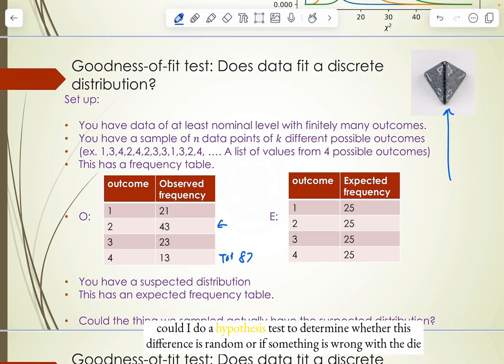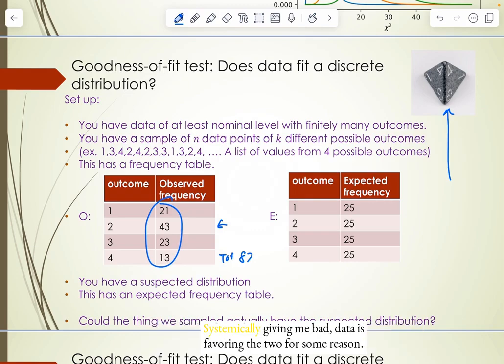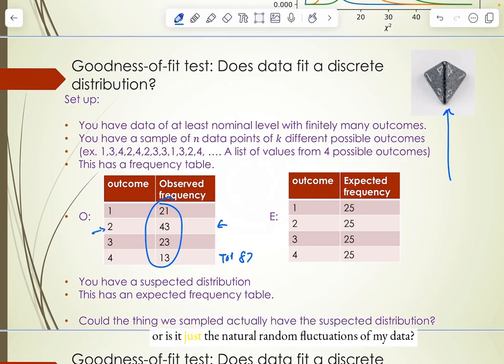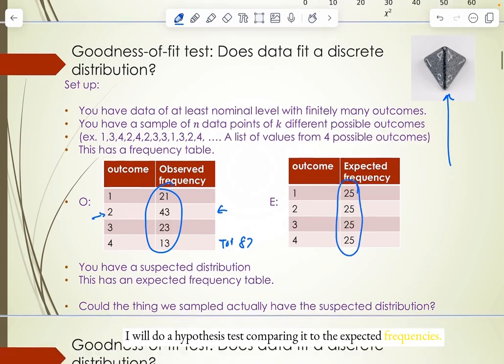Could I do a hypothesis test to determine whether something is wrong with the die, systematically giving me bad data, favoring the 2 for some reason, or whether it is just the natural random fluctuations of my data? I will do a hypothesis test comparing it to the expected frequencies.